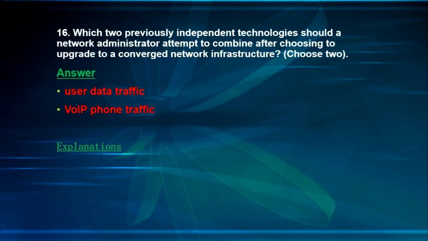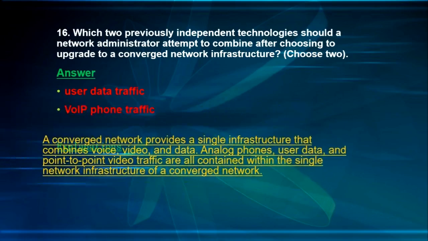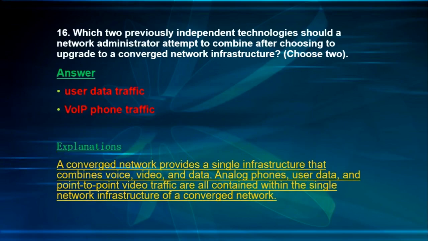Now we will see the explanation. A converged network provides a single infrastructure that combines voice, video and data. IP phone, user data and point-to-point video traffic are all contained within the single network infrastructure of a converged network.